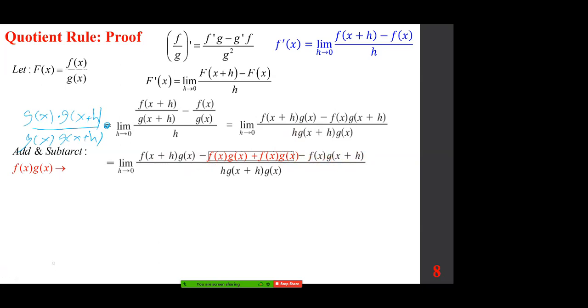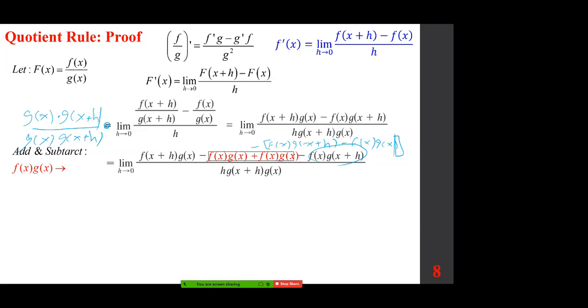I can rewrite this top as minus, and I'm going to put this guy first, f of x times g of x plus h minus f of x times g of x, and I can factor the common factor of f of x out.